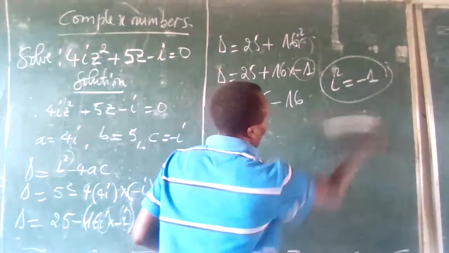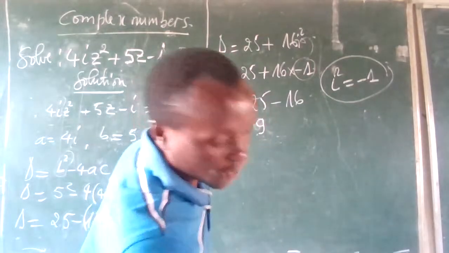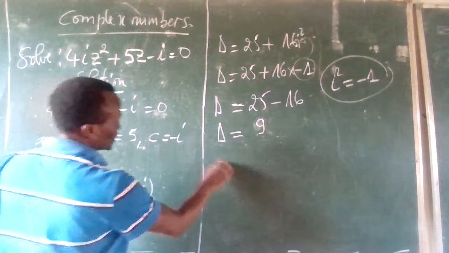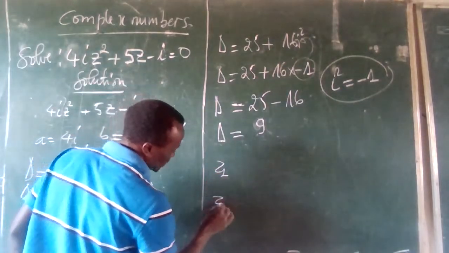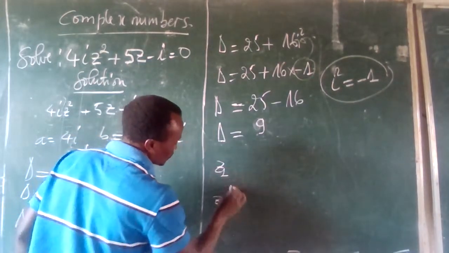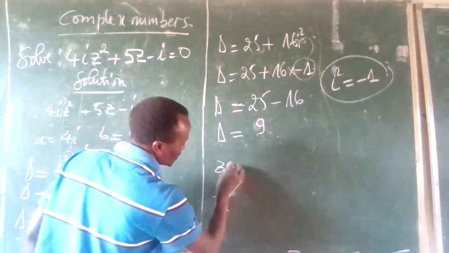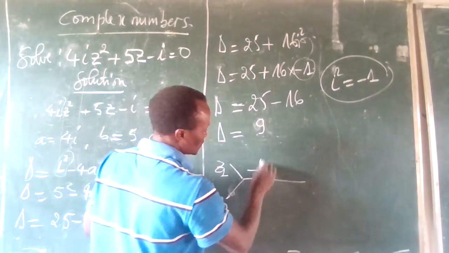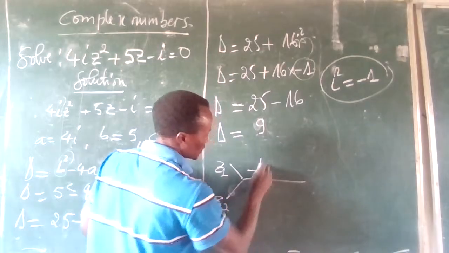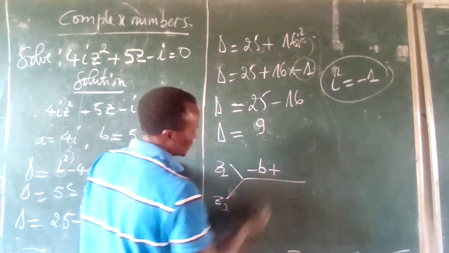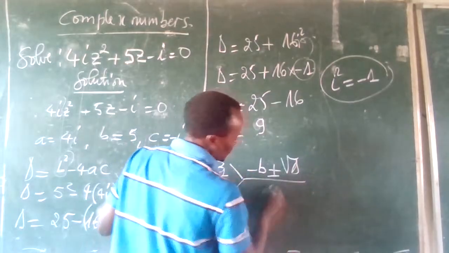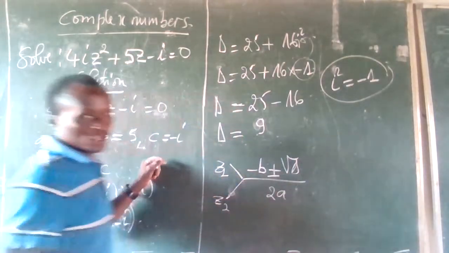So now we are in complex. Finally, Z1 and Z2 will be minus B plus or minus root of delta over 2A.